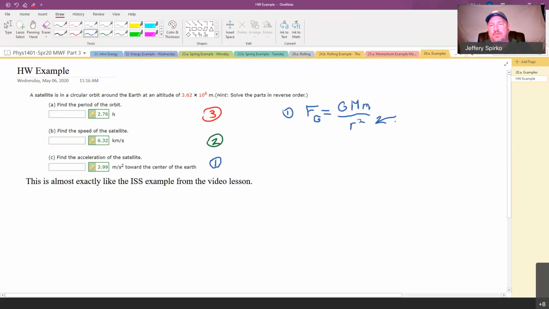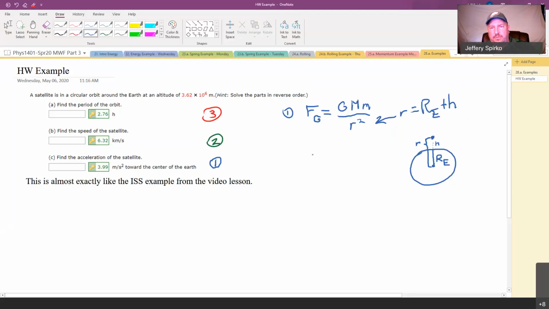And we have to use r equals the radius of the Earth plus h, because in our diagram here is Earth, the blue planet, and here is the radius of the Earth, which I have on the equation sheet as 6371 kilometers. Here is h, and here is our object. The thing we need for the equation is the distance from the center of the object to the center of the Earth.